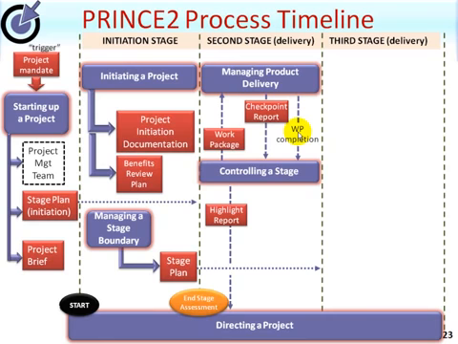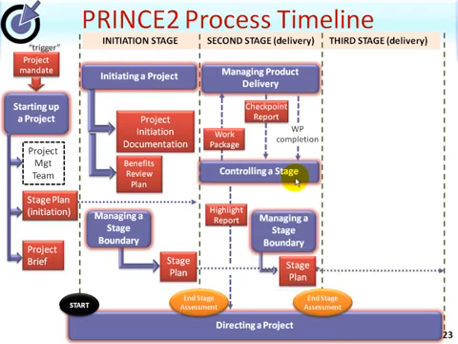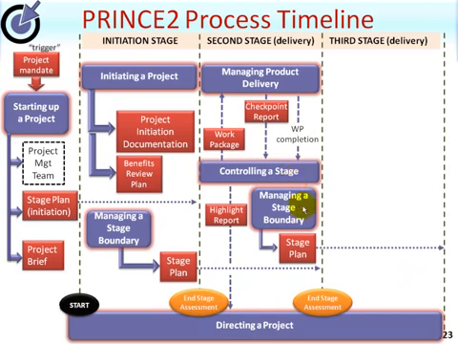Ultimately, when the last work package within a stage has been deemed to be complete, then the project manager needs to prepare for the end stage assessment. And in doing so, they will use the managing a stage boundary process again to create the next stage plan.